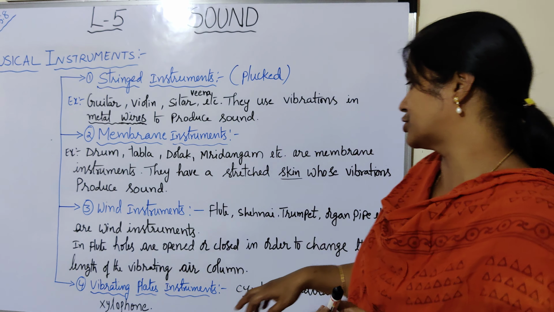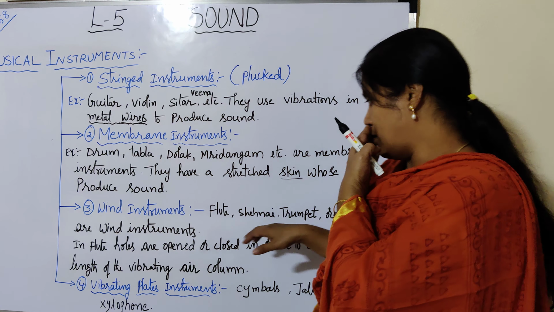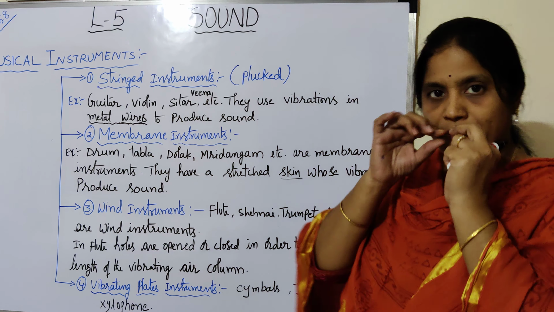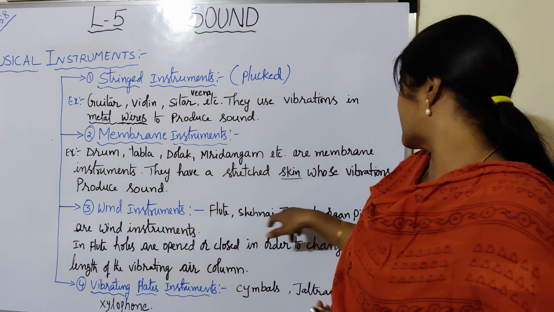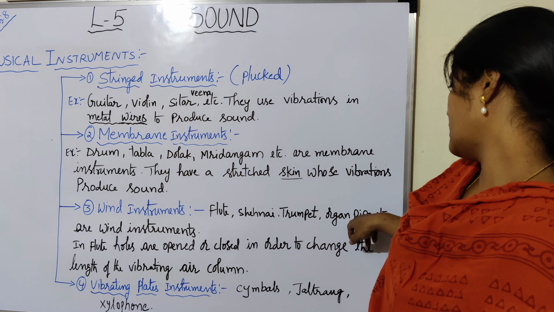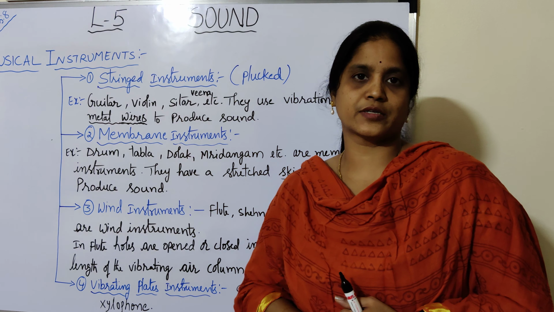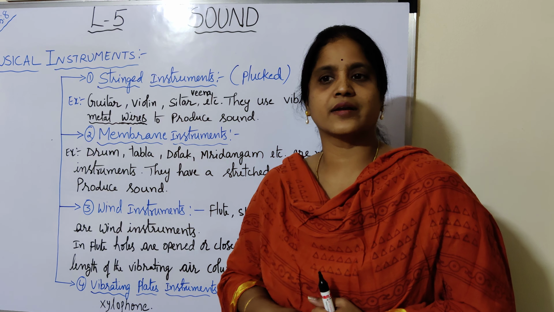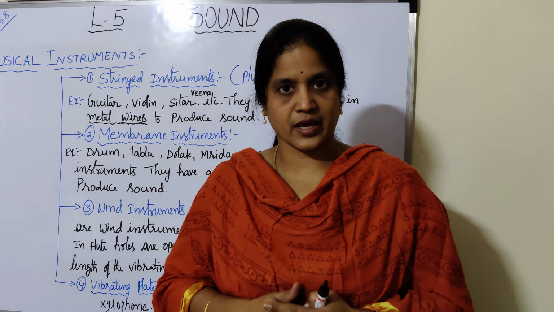Not only the flute, but also the shehnai, which we also call sannai, and the trumpet, which is blown through the mouth, and the organ pipe. All these are wind instruments. In all these instruments, the inside is a hollow body filled with air.